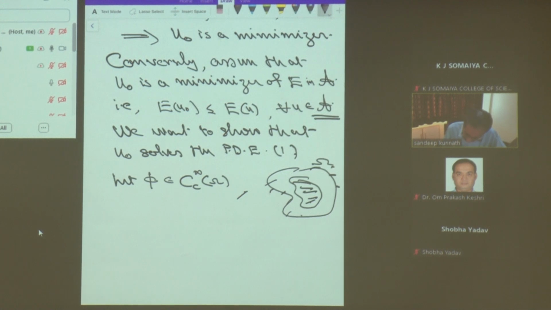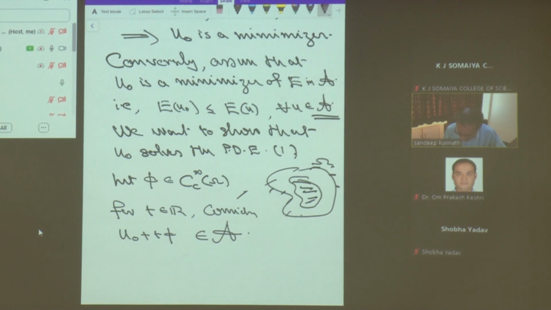And for t an element of R, any real number, consider u naught plus t times phi. Then this is in the class A. u naught is a C2 function, phi is C infinity, so u naught plus t phi is a C2 function. Now u naught is equal to g on the boundary, and phi is 0 on the boundary, so u naught plus t phi is g plus 0, that is equal to g. So that shows that u naught plus t phi is in the class A.